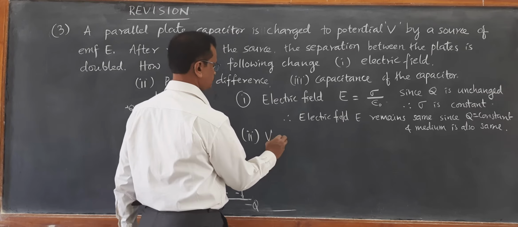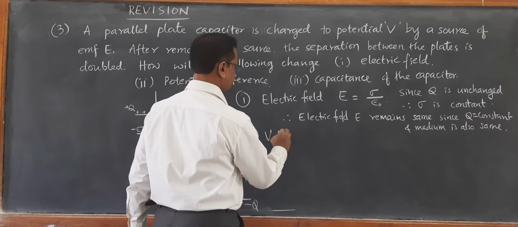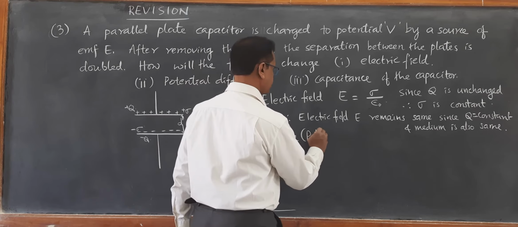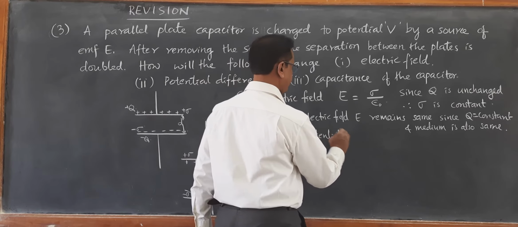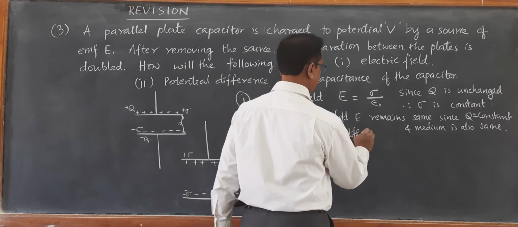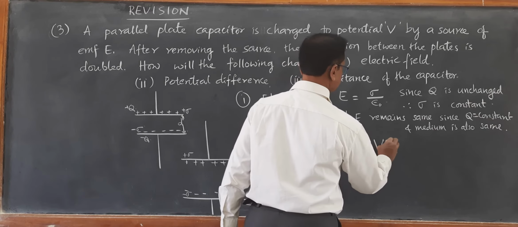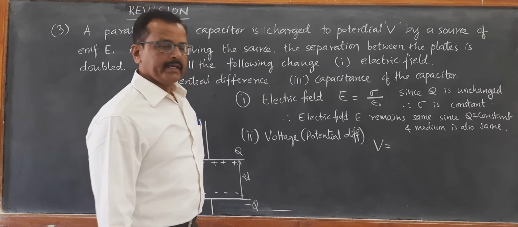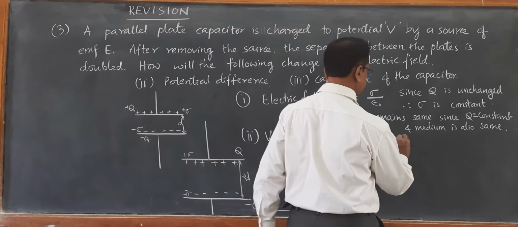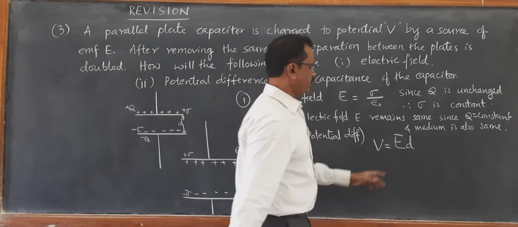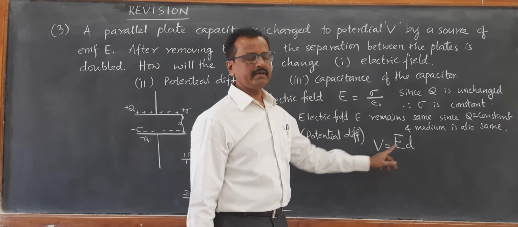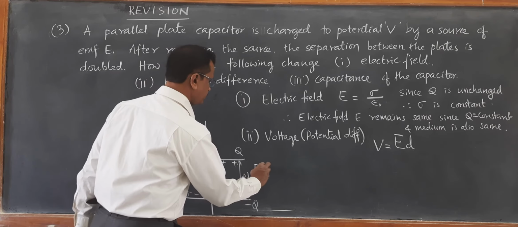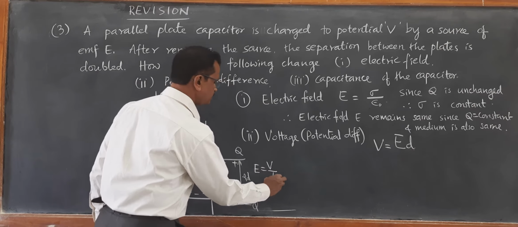Potential difference, or voltage. Potential difference V is equal to E into d, where d is the distance of separation between the parallel plates of the capacitor, or we also know that E is equal to V by d.